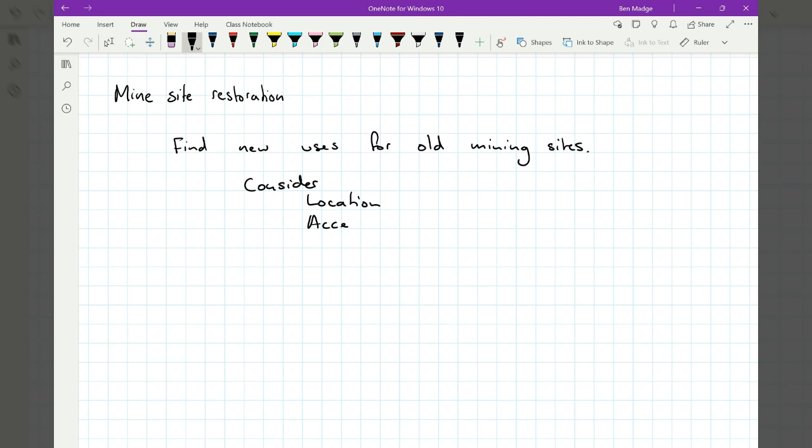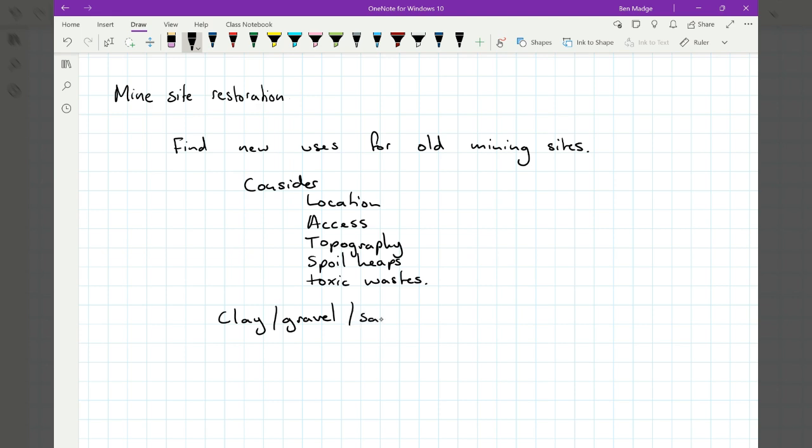Is it somewhere that people can get to or not? Topography, so the shape of the land and what the site looks like, and residual problems, things like spoil heaps and toxic wastes or contaminated land.